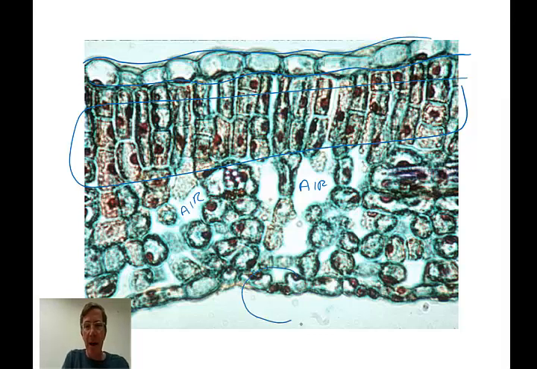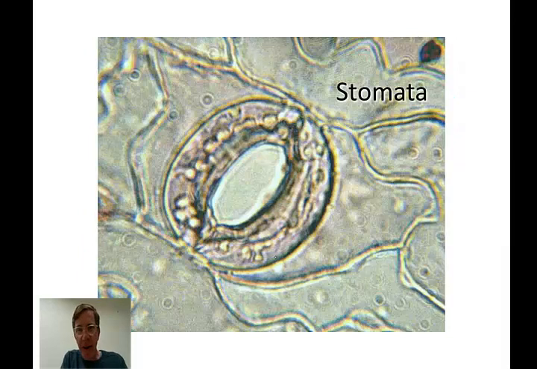Now down here at the bottom, this is one of the stomata where there can be gas exchange. Now if we were to fly over the surface of the leaf and look at that, this is what we would see. There are these two cells called guard cells, one here and one here. And we'll think about this in a later lecture too, but these stomata are actually able to open and close to seal up that hole.